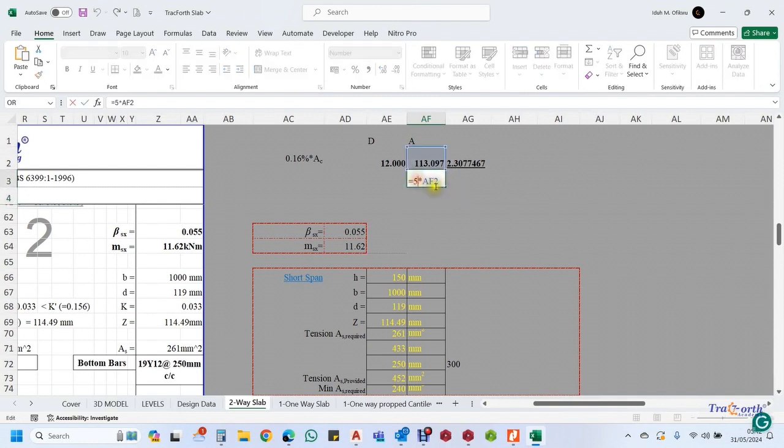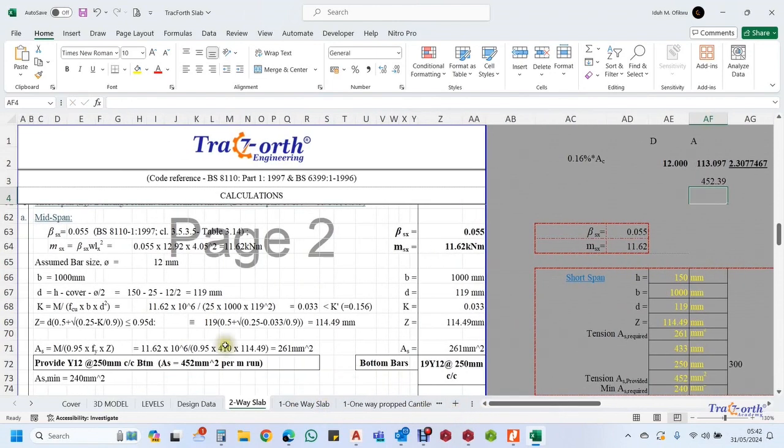Or you can even be conservative to say, okay, no, it's 4, which will be 452. Meaning, within this area, even though from your calculation what is required is 261 millimeter square, you are now providing 452 millimeter square for every 1 meter.